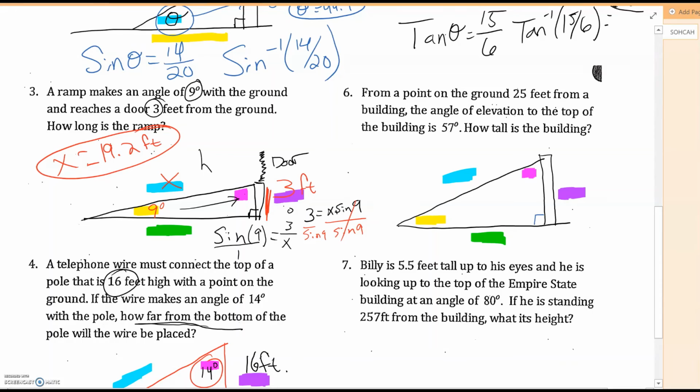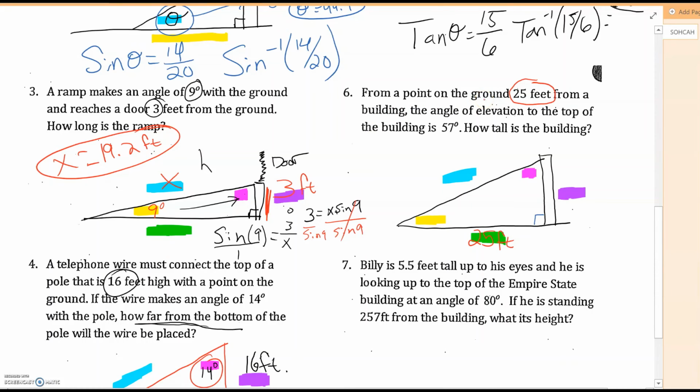All right, the first one is, where does the 25 feet go? Okay, so it's a point on the ground from the building. Here's the ground, here's the building. So this is going to be 25 feet. All right, where it says the angle of elevation.